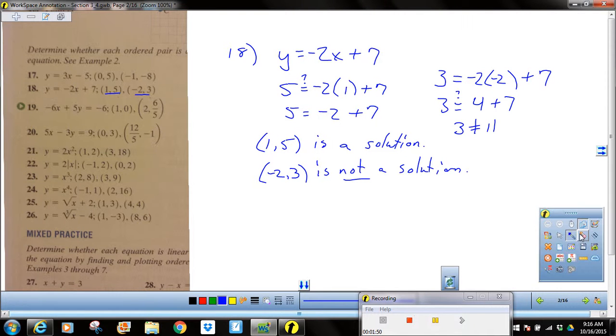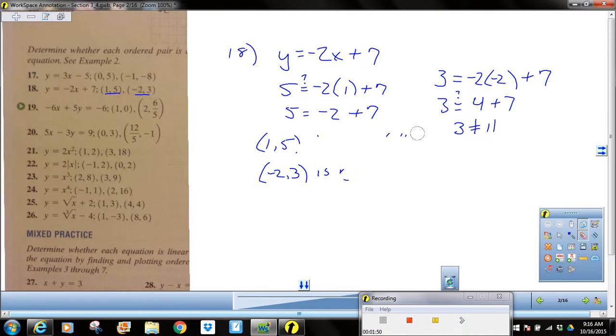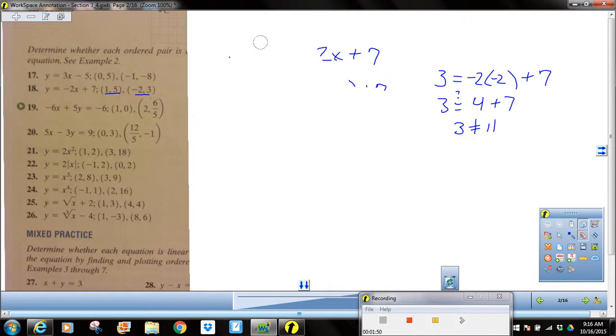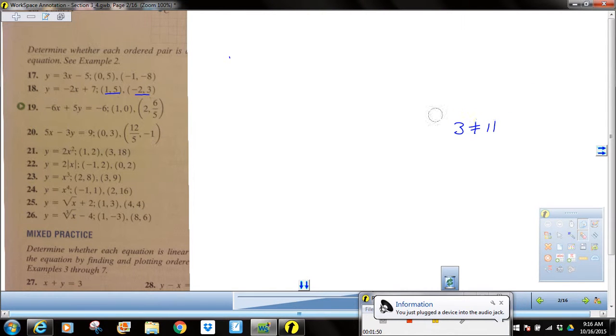Okay, now I'm just going to do the same thing for number 20 and 22 and 24 and all. Got a little bit of static there. Alright.